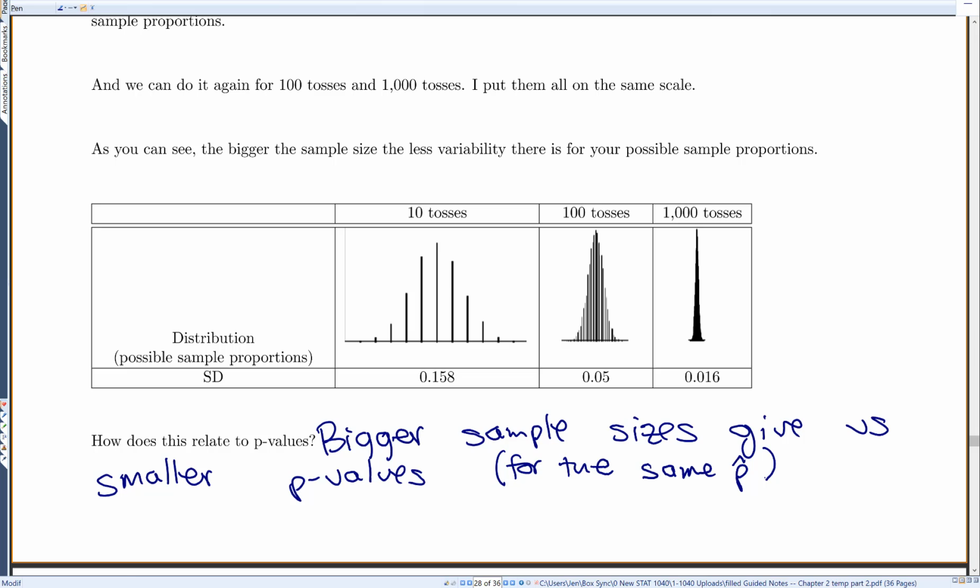If everything else stayed the same, but you got bigger sample sizes, you're going to get much smaller p-values. Because the p-value is the area on the tail. If I'm right here, and the p-value is the area on the tail, that's going to be pretty big. But here, it's like this area. I'm probably about this far because we're on the same scale, or like the area out here on that one. So the area is just getting smaller and smaller because there's less variability.